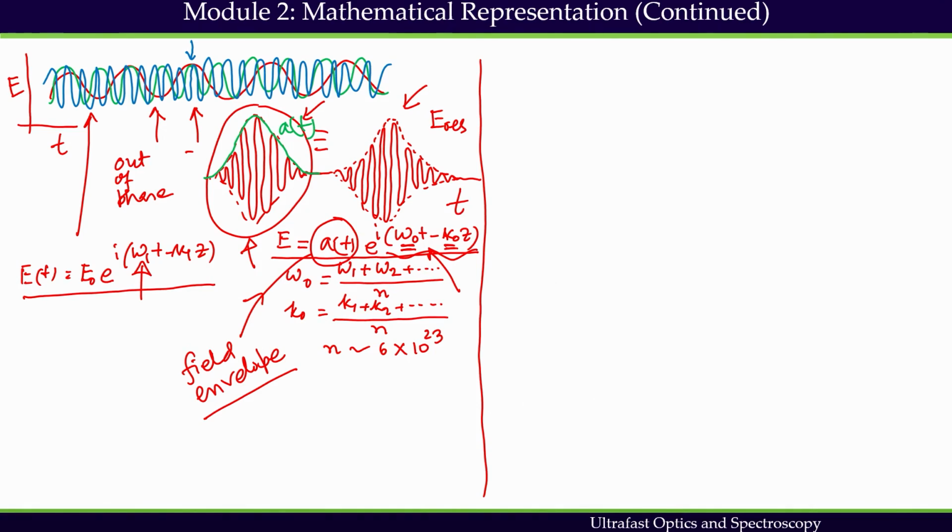In order to produce a pulse, I need many frequency components, as we have shown. But one can argue that I really do not need many frequency components. I can use an electronic method. So this is an optical method to produce a pulse.